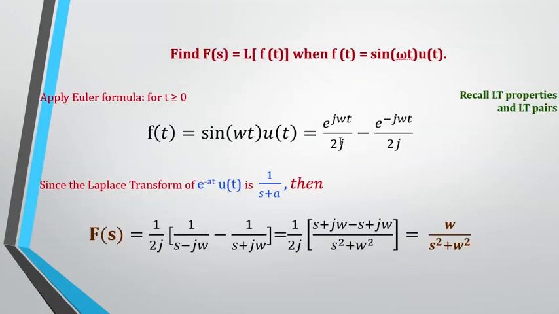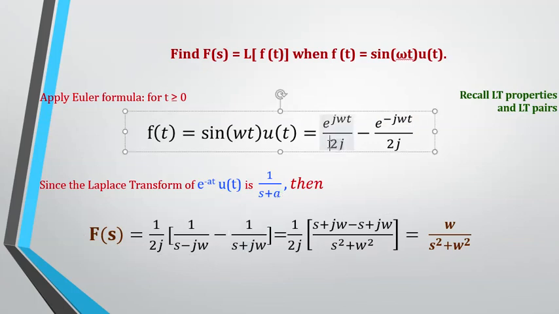So e to the power of j omega t over 2j times u(t), it means I'm going to have 1 over s plus a. A here is what? j omega basically. For the other one, my a will be minus j omega. So I will end up having 1 over s minus j omega minus 1 over s plus j omega, right?